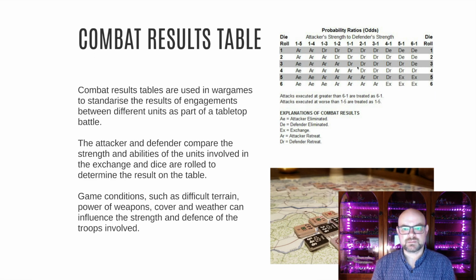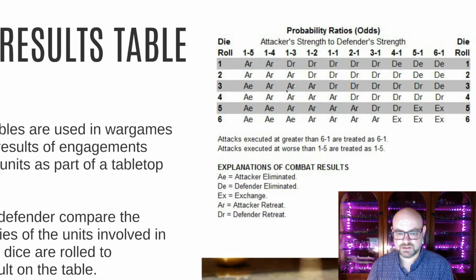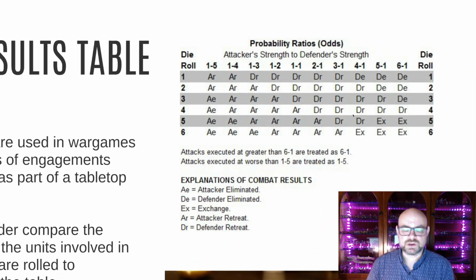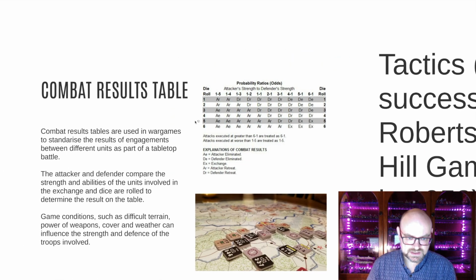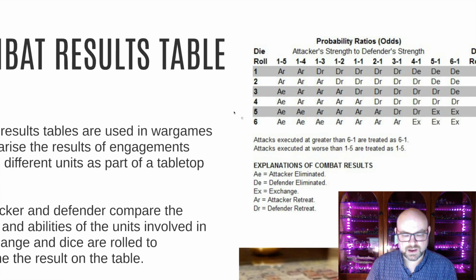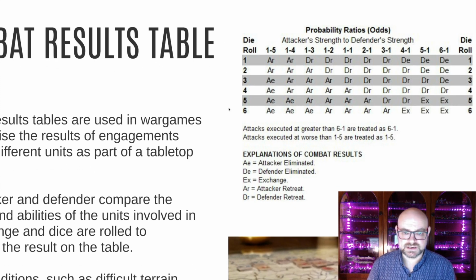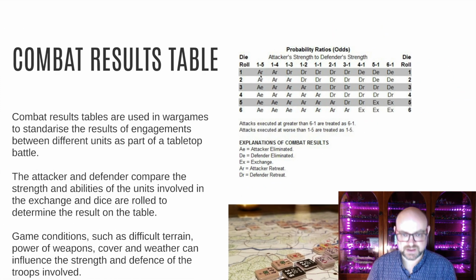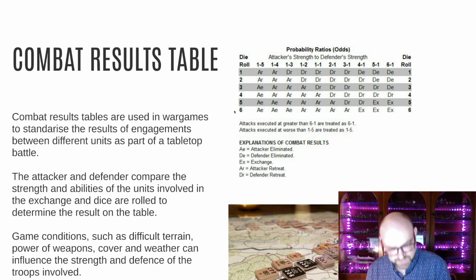It's not entirely random, because depending on what you attack with, you have a higher strength, and depending on what you defend with, you have a higher defense. So an attacker with a higher attack versus a defender with a lower defense is going to do better than a low strength attacker against a high strength defender.